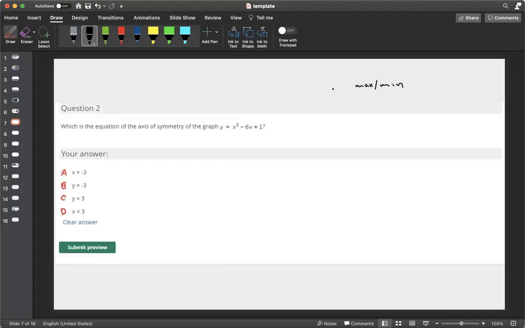We need to know how to answer both of these questions. So let's look for axis of symmetry. Axis of symmetry, we know that it is what we call the x value. So we can scratch off B and C. If we didn't know anything else, we could guess, and we have a 50-50 chance of getting it right.